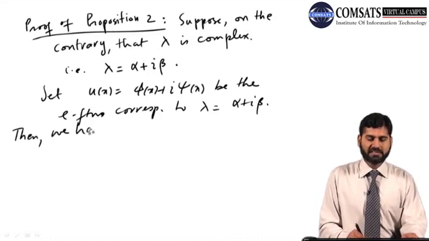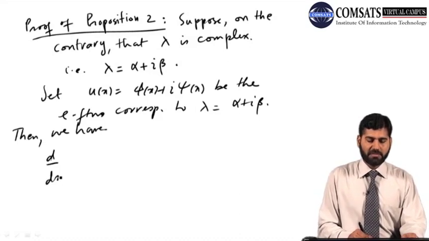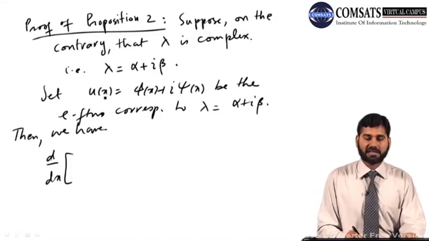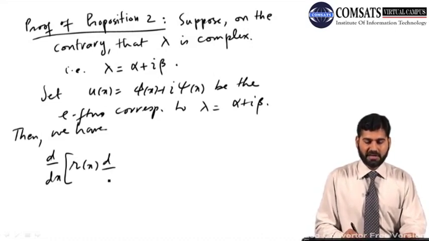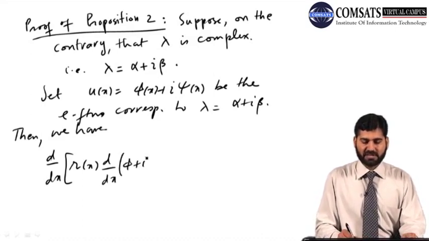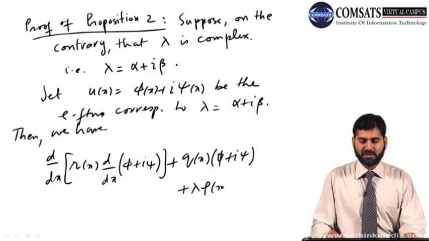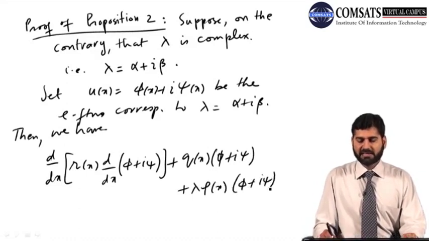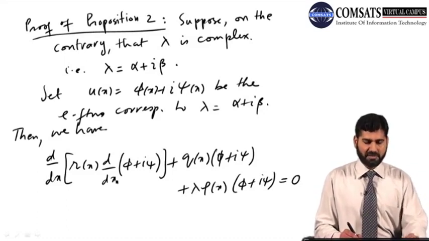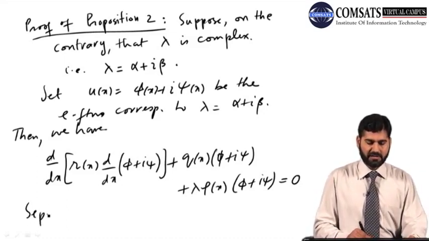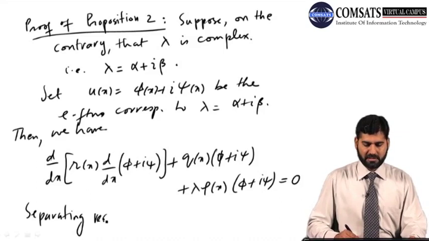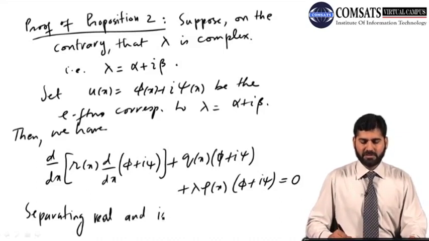Then this u x must satisfy the SL problem. Then r x and d by dx of u, where u is phi plus iota psi, plus q x u, and u is again phi plus iota psi, plus lambda rho x u, and u is again phi plus iota psi, is equal to 0. And here I can separate the real and imaginary parts.